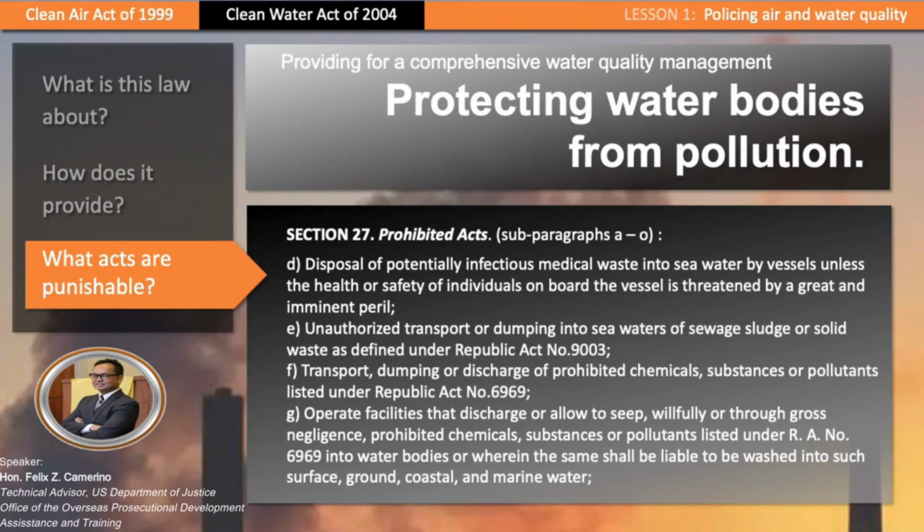Unless the health or safety of individuals on board the vessel is threatened by a great and imminent peril. Okay? So the qualifier here is not part of the general rule, because it's starting with the word unless. Unlike the earlier ones that we worked with, where it says doing this, this, this, and this without a permit.